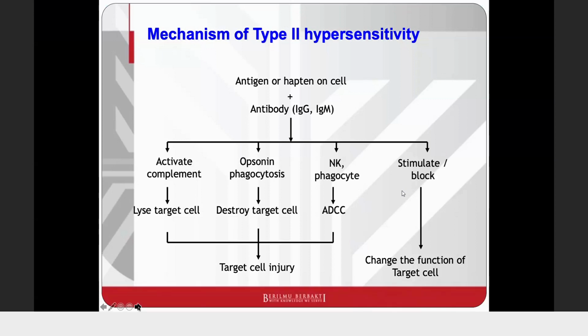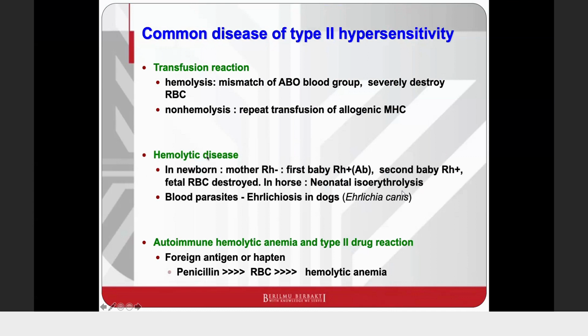All right, so common diseases of type 2 hypersensitivity, the one that is very familiar to you all, you guys will also learn in physiology: transfusion reaction. So basically, when you want to donate blood, especially if you have type O blood, you are the universal donor, but you cannot receive from other types of blood.